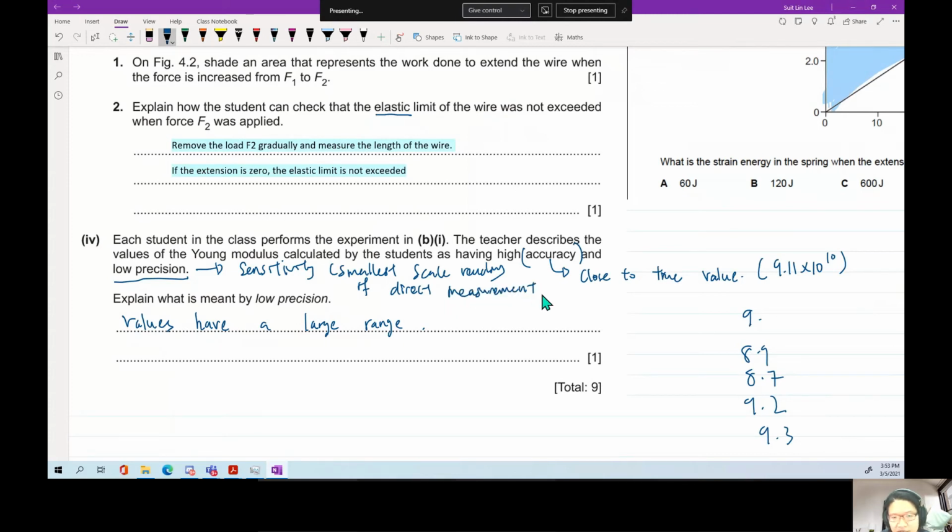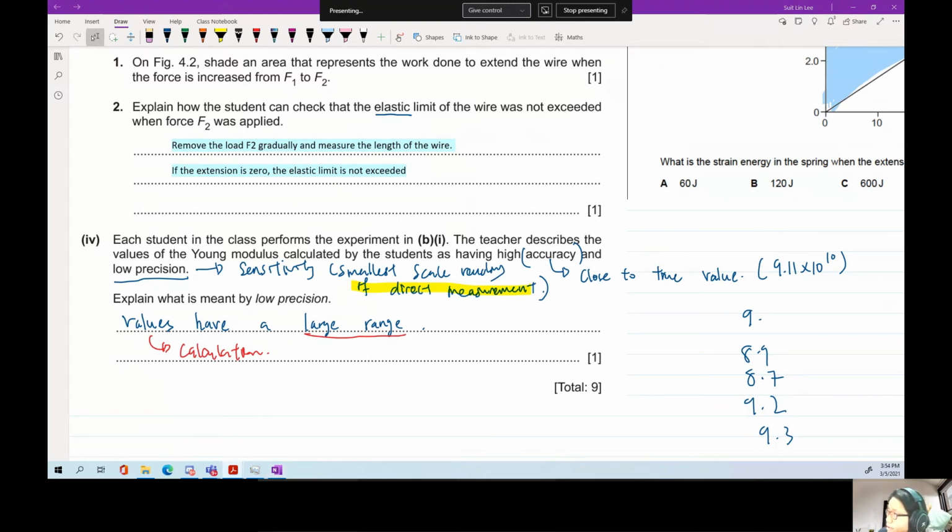We find the gradient and we do some calculation. So this is not direct measurement. Values have a large range. This one is for experimental calculation, large range. Okay, that's it for this one.